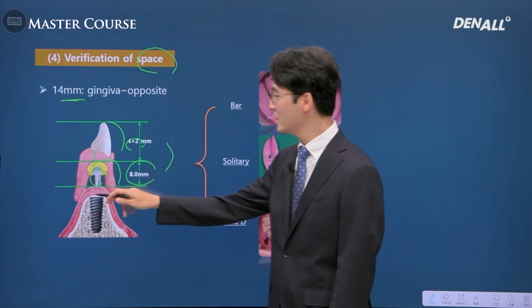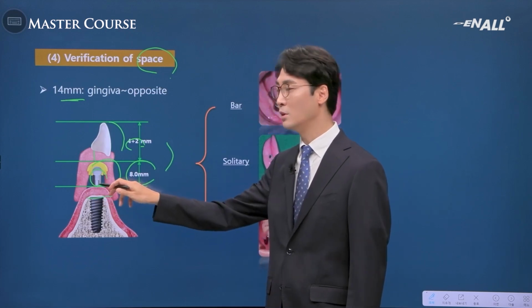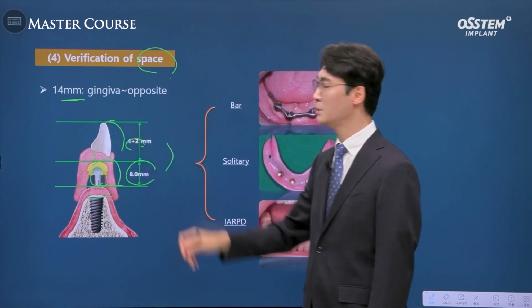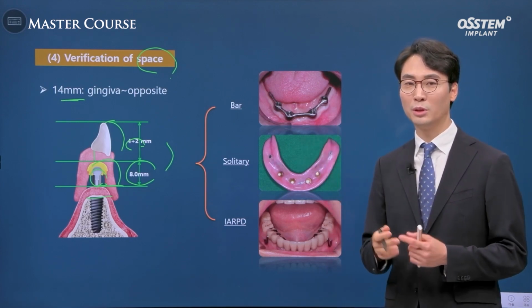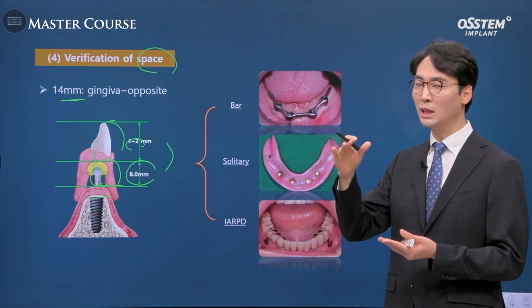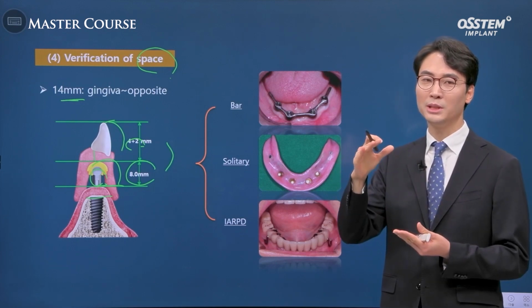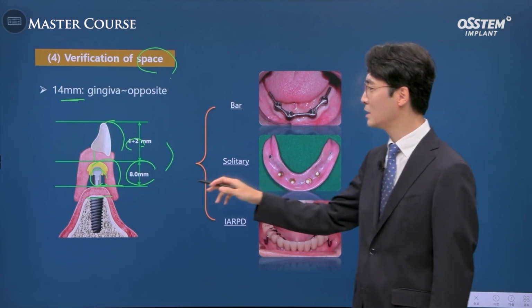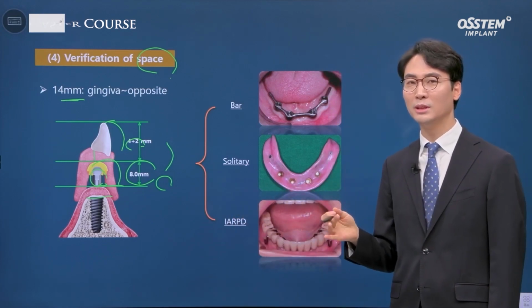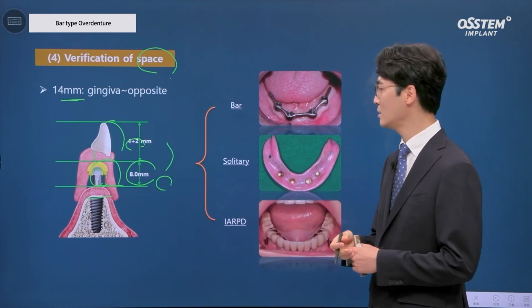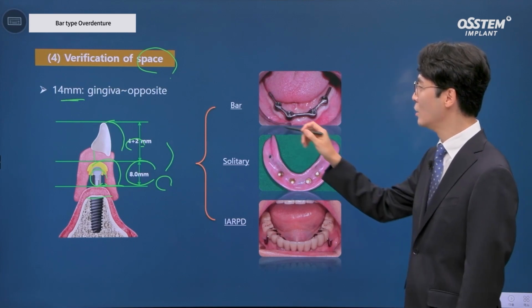In total, there needs to be about 14 millimeters of space. This is not from the implant top, but from the gingival line to the suprastructure; there needs to be 14 millimeters of space. If there's more space, it's not problematic, but when you do the analysis, if it is below 14 millimeters, there can be many complications with implant bar overdentures. There are such risks, so we need to keep that in mind.